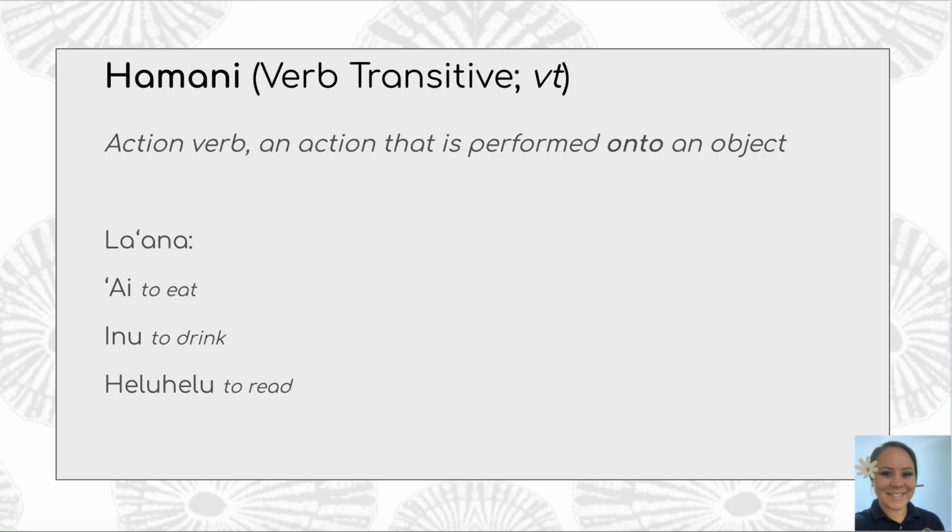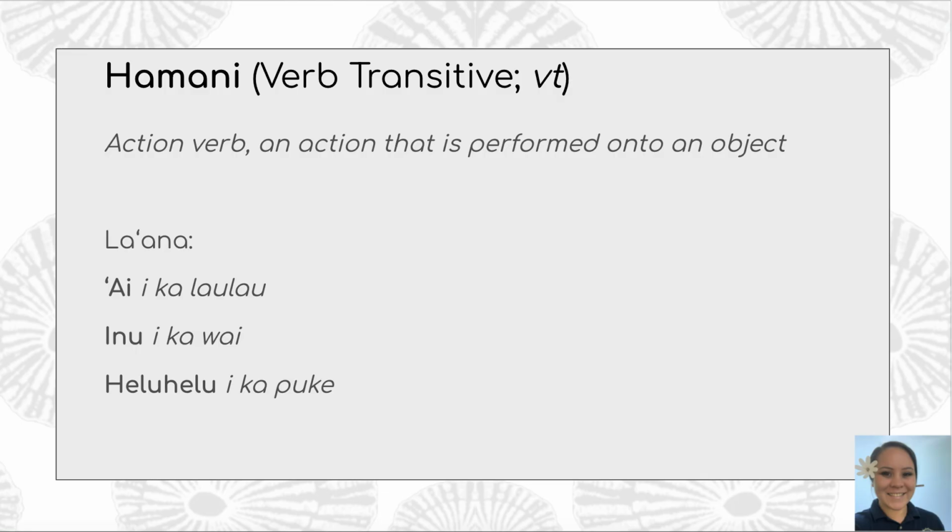You hammer something else or you hammer a nail. Yeah, an action that is done onto an object. Some examples are 'ai, inu, or heluhelu. Yeah, 'ai to eat, inu to drink, and heluhelu to read. Again, actions that are done onto an object.